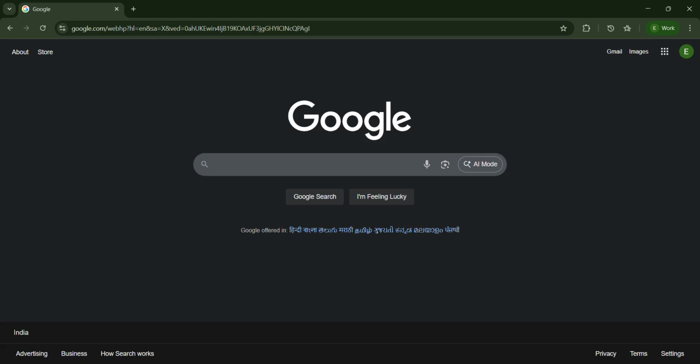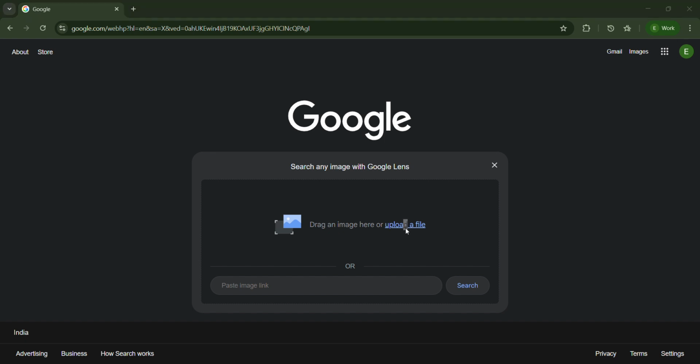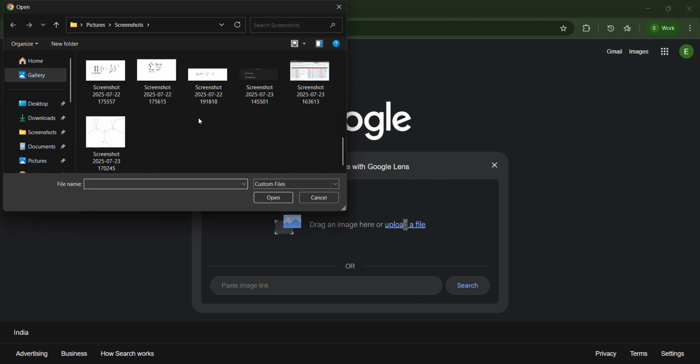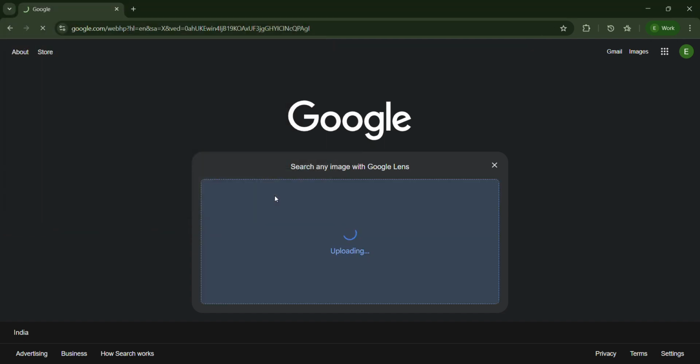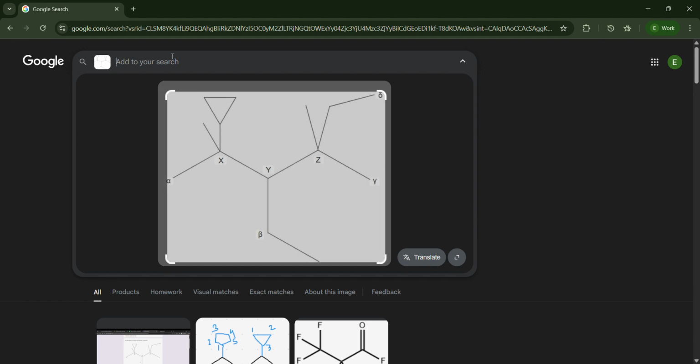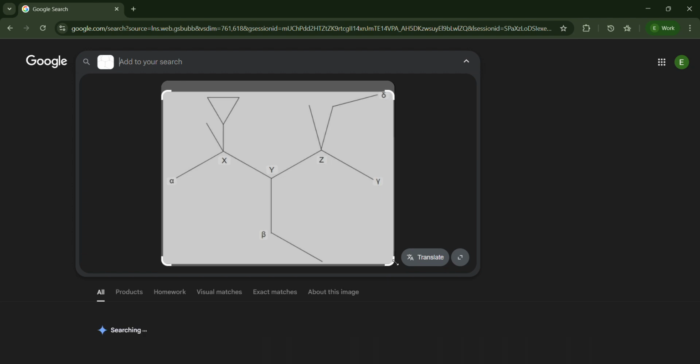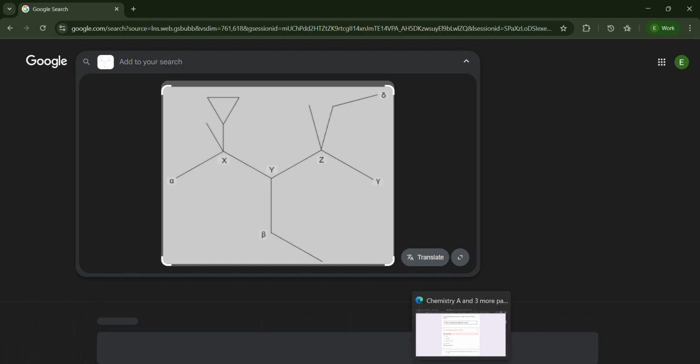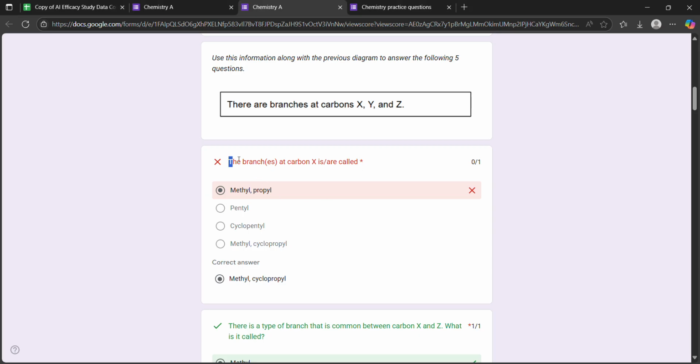So let's open Google search, upload an image. Yeah, this is the given image. Now let's copy paste the question: the branches at carbon X are called.